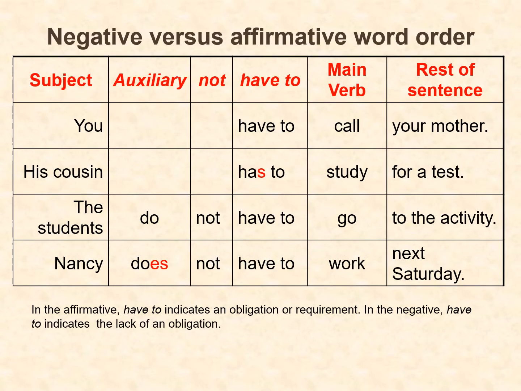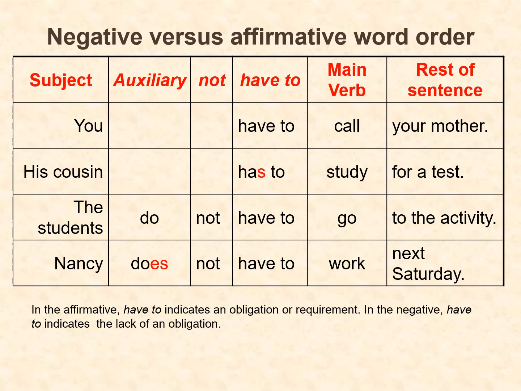Negative versus affirmative sentences with have to. We get the subject, then in the affirmative, we get no auxiliary, and of course, there's no word not. Then we get have to or has to, the main verb, and the rest of the sentence.